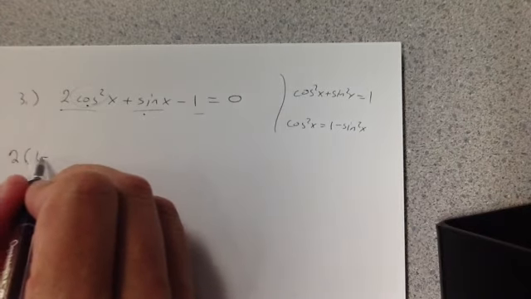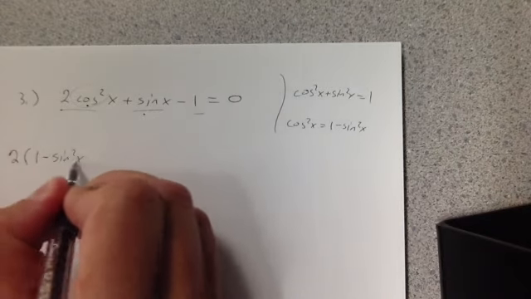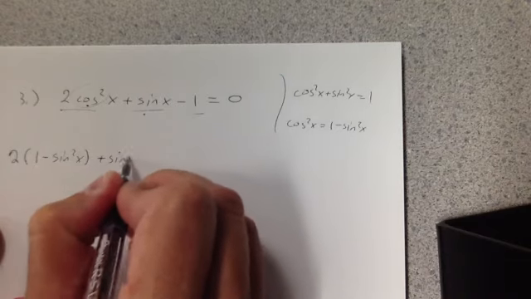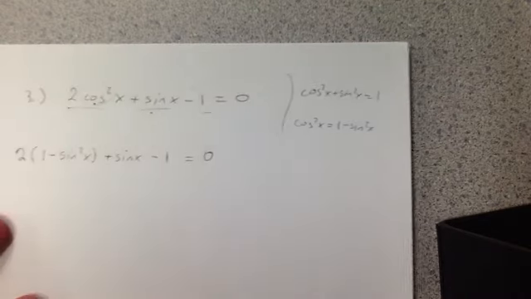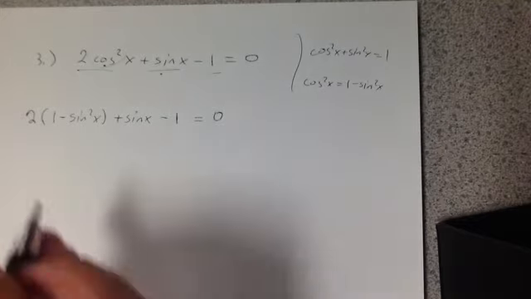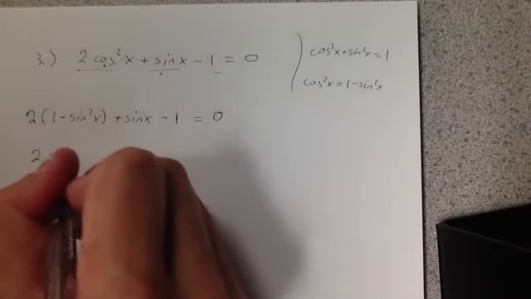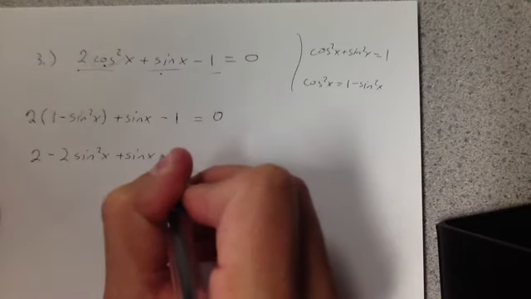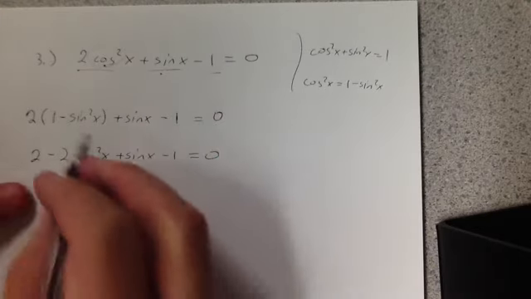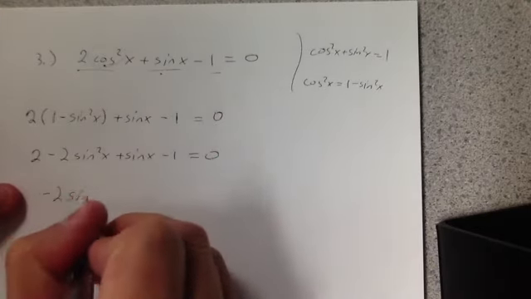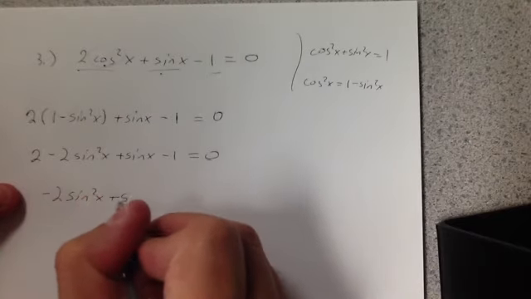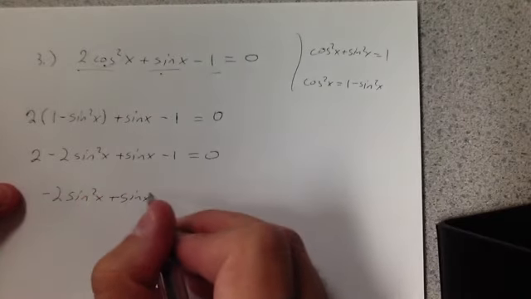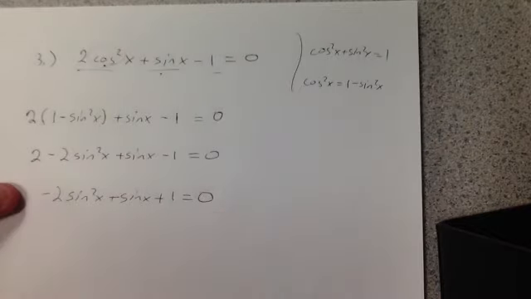This is just 2 times 1 minus sine squared x plus sine of x minus 1 equal to 0. Distribute: 2 minus 2 sine squared x plus the sine of x minus 1 equals 0. Combine like terms. Negative 2 sine squared x plus the sine of x. Be careful. Plus 1 equals 0.